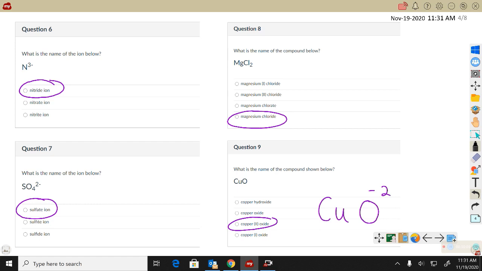The negative ions can have different endings. So if you just see the singular element, like nitrogen, just N, then the ending is going to turn to IDE. So IDE is just regular nitrogen.